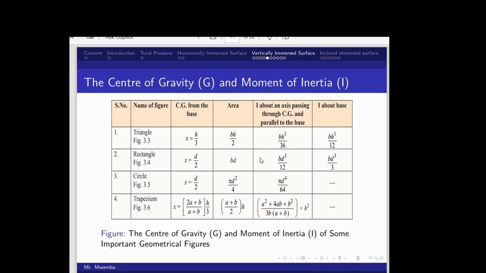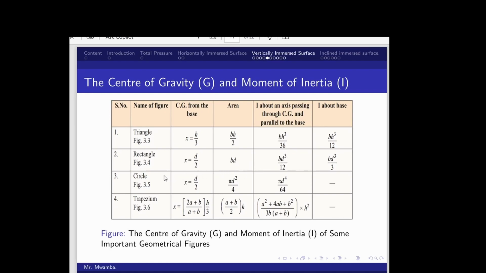When you're talking about a rectangle, in this row here, the moment of inertia will be given by this formula. But the area we know for a rectangle is base times, what do we call it, the breadth times the width.